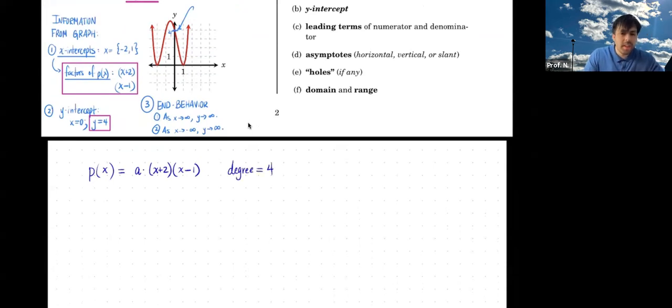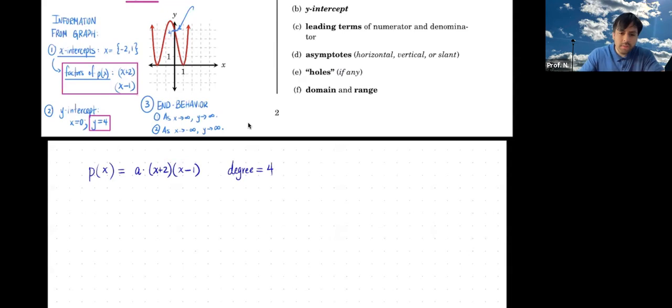Right now, is the degree equal to 4 in this particular polynomial? If I were to multiply all the x's out, it's not, right? The highest power would be x squared. But we want the degree to be 4.